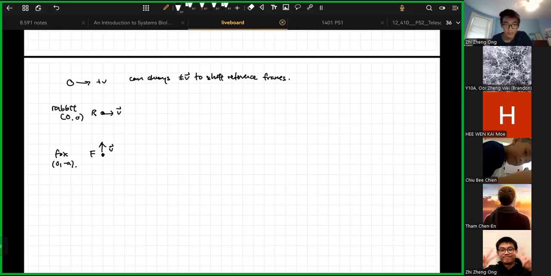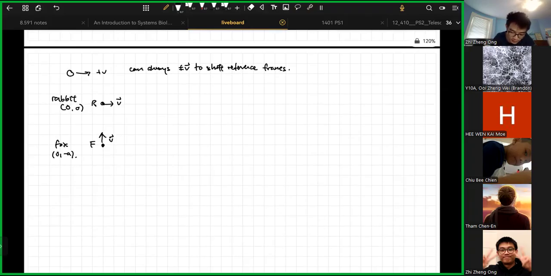After a really long time, you can kind of see that the fox is being dragged along. If you imagine this playing out, let me draw the coordinate system, the xy.